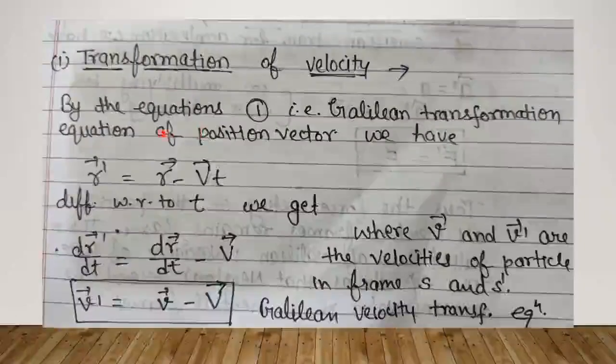From the equation of Galilean transformation of position vector, we have r dash equals r minus vt. Differentiating with respect to t, we get v dash equals v minus V, where v and v dash are the velocities of the particle in frame S and S dash respectively.